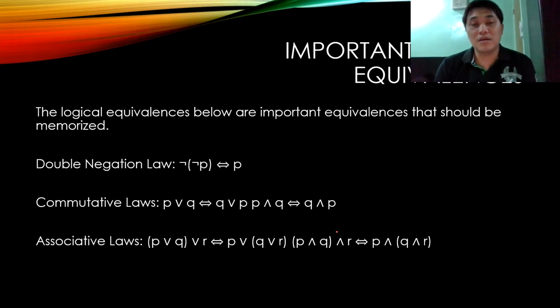Same as this next equation, open parenthesis P, then let us change this one. This is logical symbol or, this is and. Let us change, or this is equivalent to P and open parenthesis Q and R.